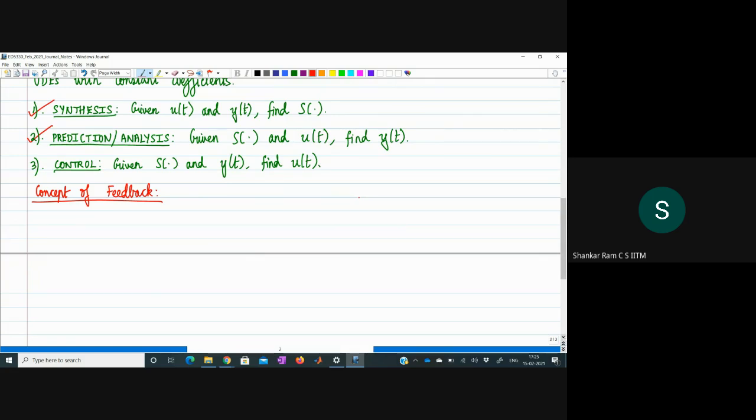Sticking to the example we were considering, suppose we want to control the orientation or heading of the vehicle. The orientation or heading of the vehicle is the output of the system, and the input to the system is the steering angle. In feedback, suppose I want my car to be oriented at, let's say, 60 degrees with respect to some fixed axis.